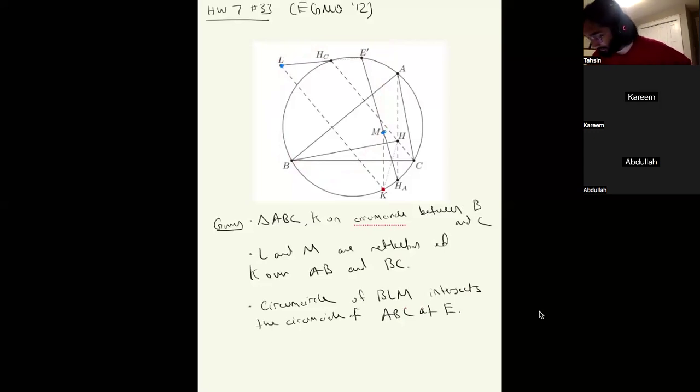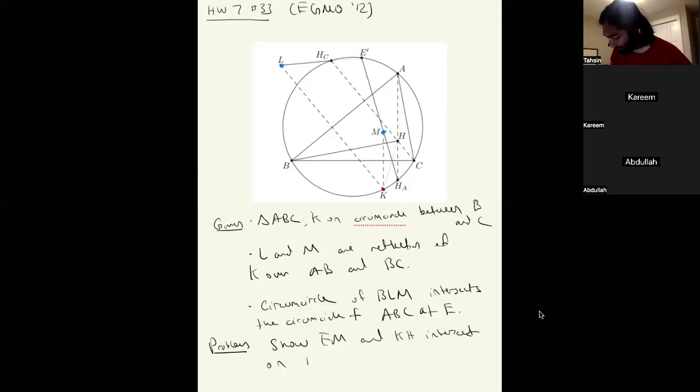And then the problem was to show that EM and KH concur, sorry, intersect, let's say, on BC.